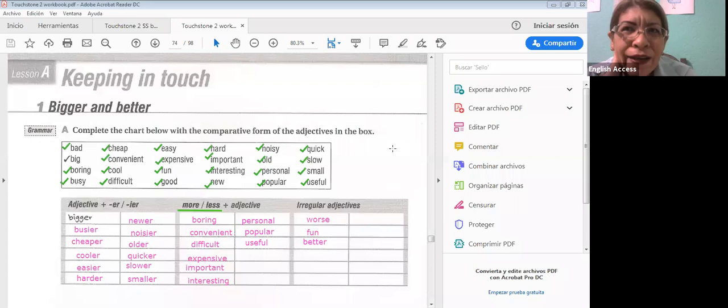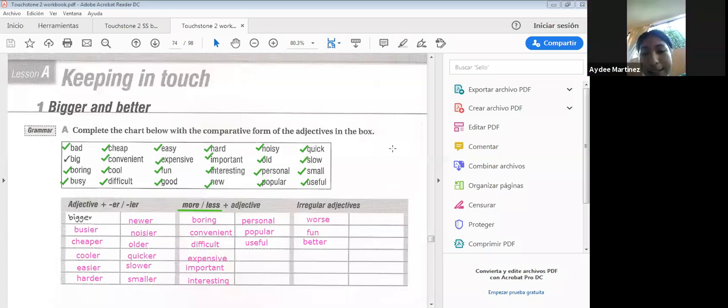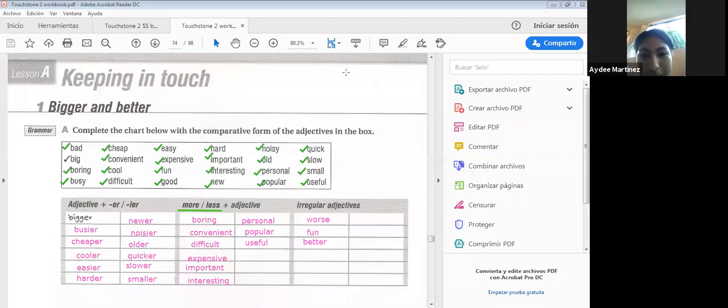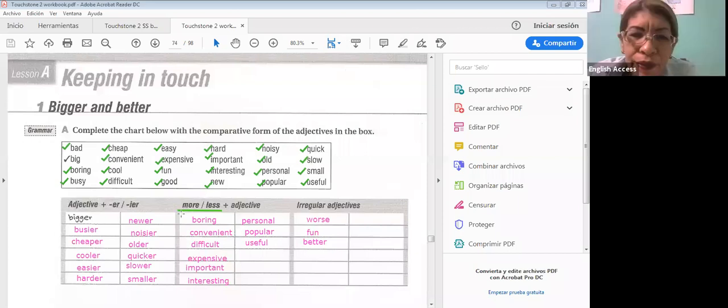What are the words that I underline? I underline two words. They are here.